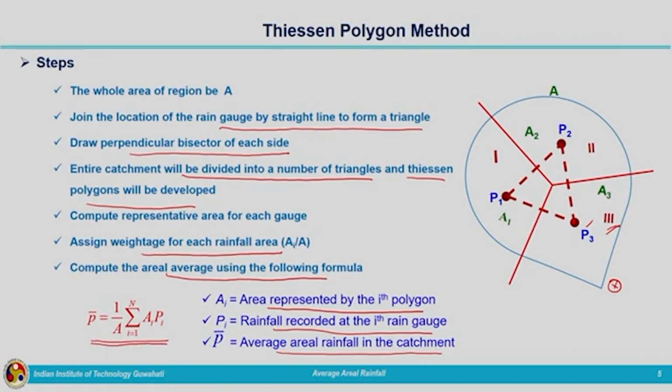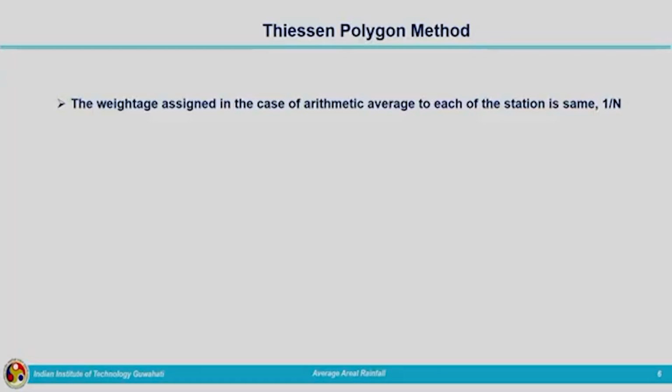By making use of this formula, we can get the average areal rainfall from the catchment. Here, we are assuming that each and every Thiessen polygon represents an area having the rainfall obtained from the corresponding rain gauge within that polygon. The weightage assigned to each station in the arithmetic average is the same. That is what we did in the arithmetic average: P1 plus P2 plus up to Pn divided by n.